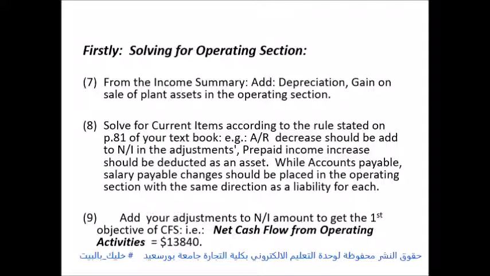Add the above adjustments to net income to get the first objective of the cash flow statement, which is net cash flow from operating activities. The amount should be 13,840.